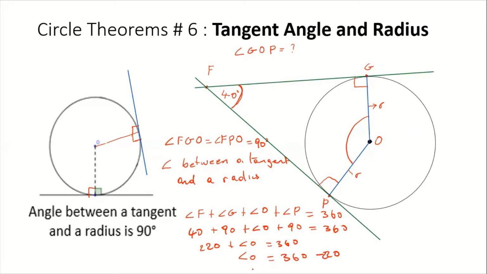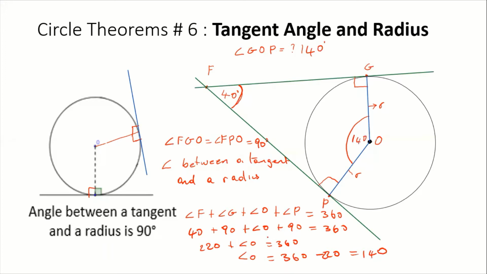And that value is going to give us 140, right? So we're therefore seeing that angle GOP is equal to 140 degrees, which is this angle here.